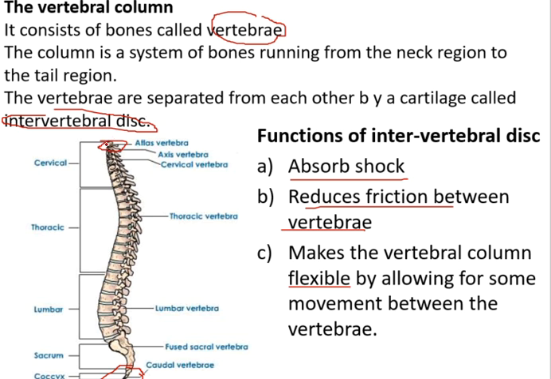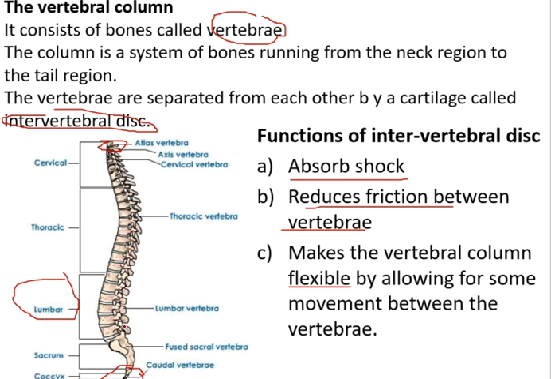The first 7 vertebrae, we call them cervical vertebrae, and the first one is called atlas vertebrae, second one axis vertebrae, the other 5 are called cervical vertebrae. Then the next type of vertebrae we have thoracic vertebrae, found at the thoracic region, and there are 12 in number. Then we have lumbar vertebrae, there are 5 in number, just below the thoracic region, where we have the lumbar region.